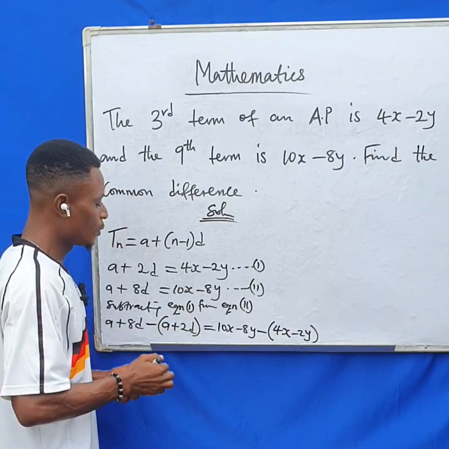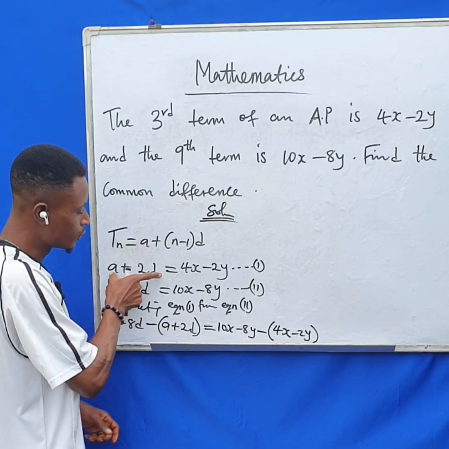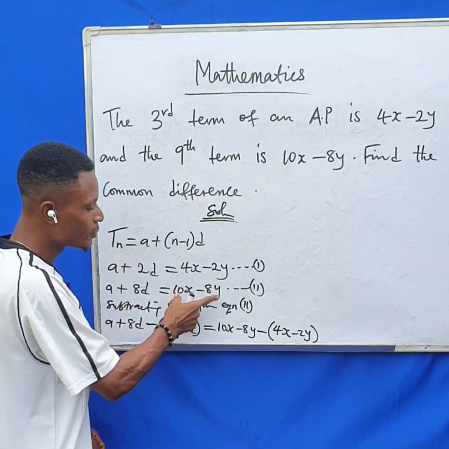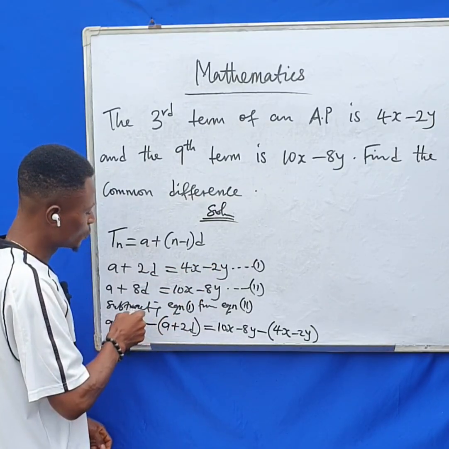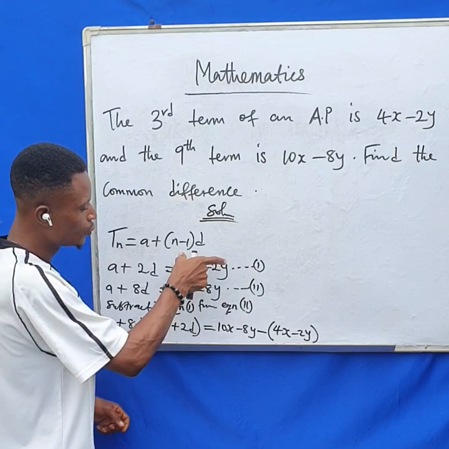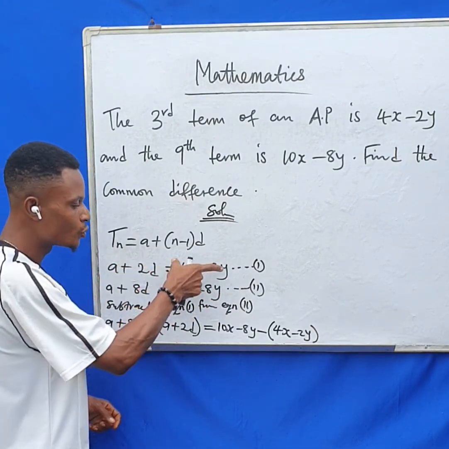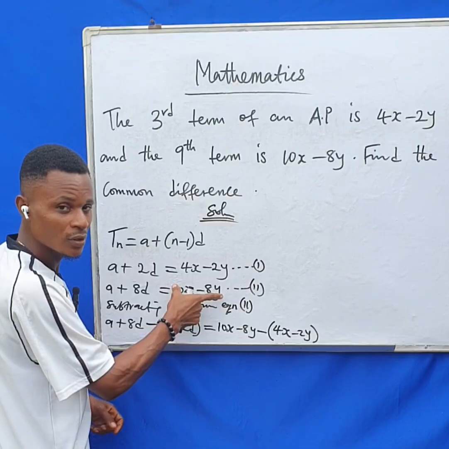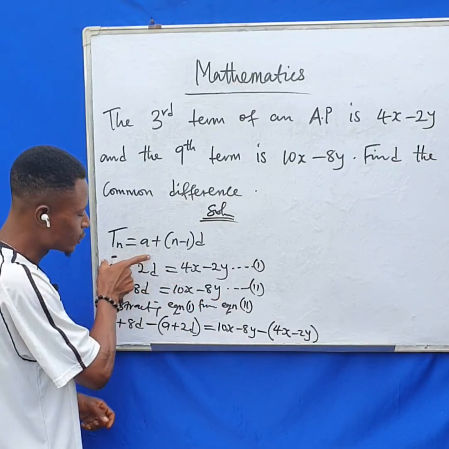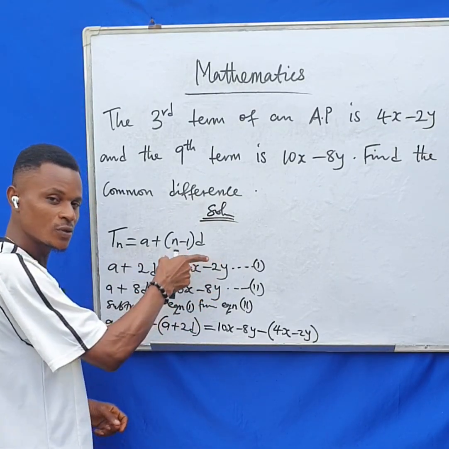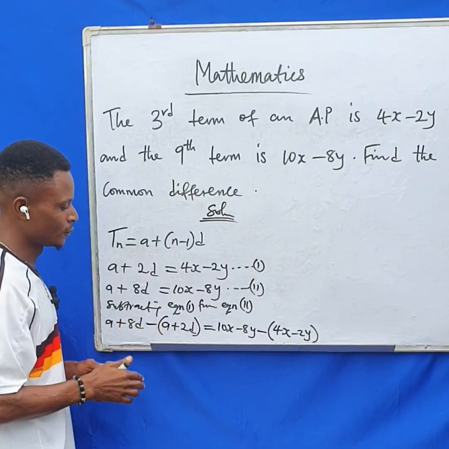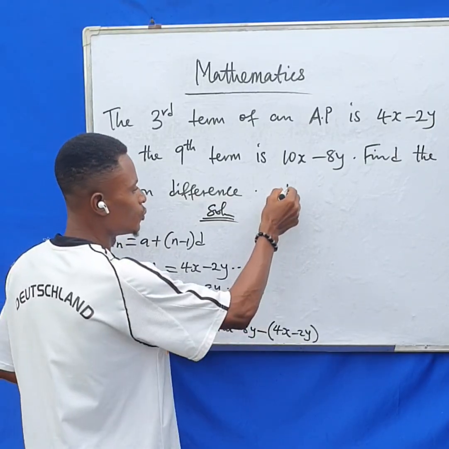Now take note, if you're doing this minus this, you have to also do this minus this. Don't use this to minus this. You understand what I mean? So if this is minusing this, it should also minus this. Take note, the order must be there. So let's continue.